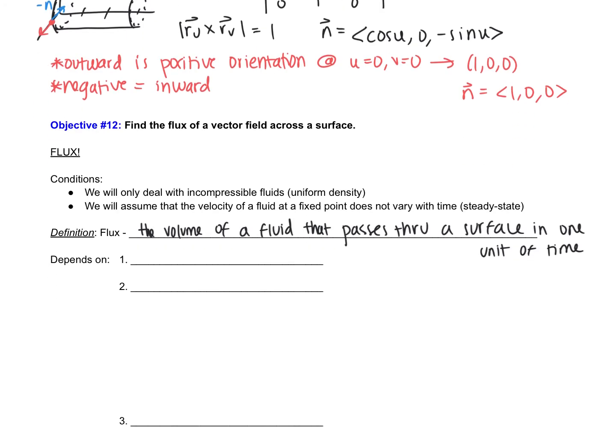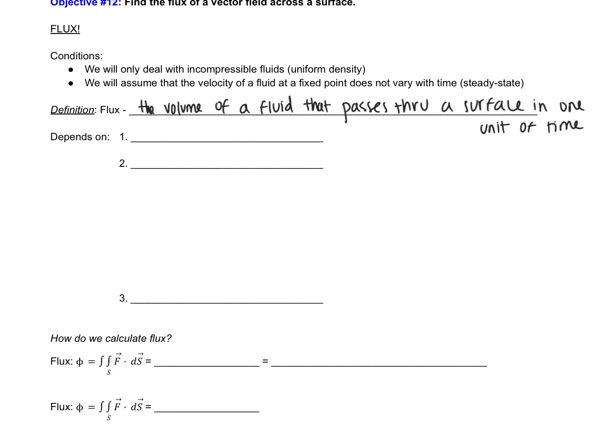And that, of course, is going to depend on many factors, which you can probably come up with. The first one, of course, is the speed of the fluid. And that should make sense, right? Greater speed is going to be a greater volume. So the faster the fluid is moving, the more that is passing through the surface.